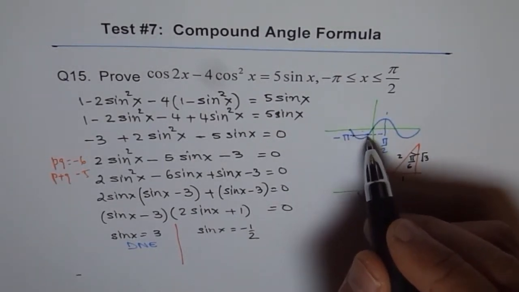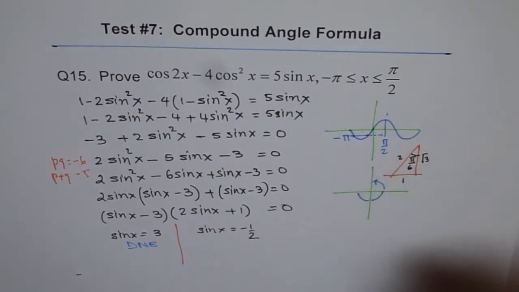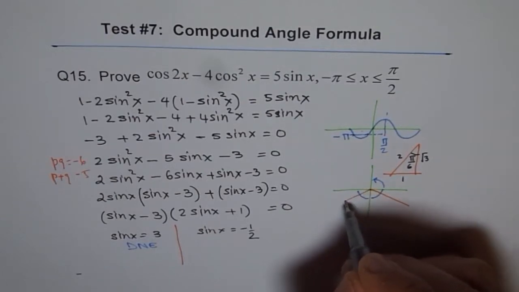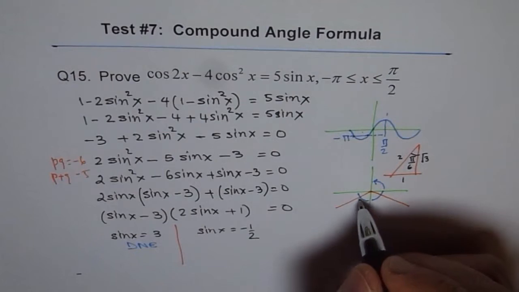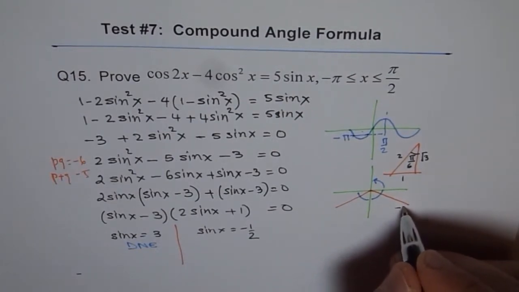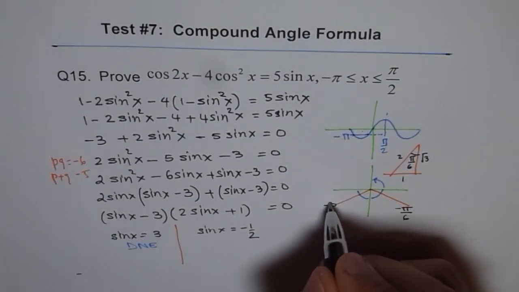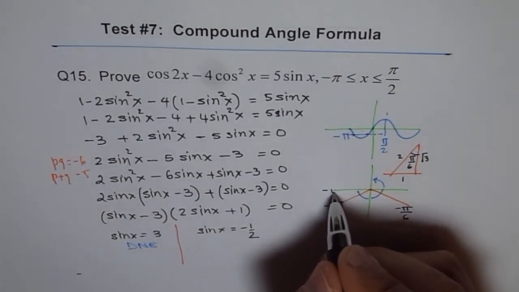Pi by 6 here and the pi by 6 acute here. This pi is divided into 6 portions. This is minus pi by 6 and that one is minus 5 pi by 6. And this is our minus pi.